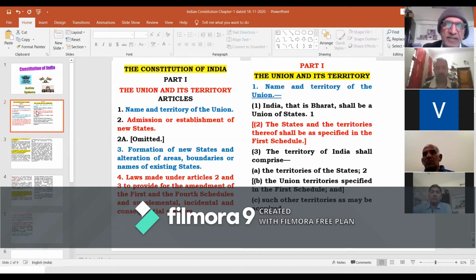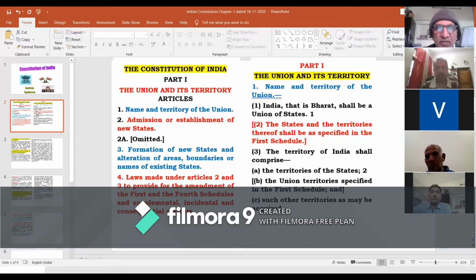Now, the 4 articles are: number 1, name and territory of the Union. So the words used are name and territory of the Union. Union is one technical term; we shall reach at the meanings of Union.